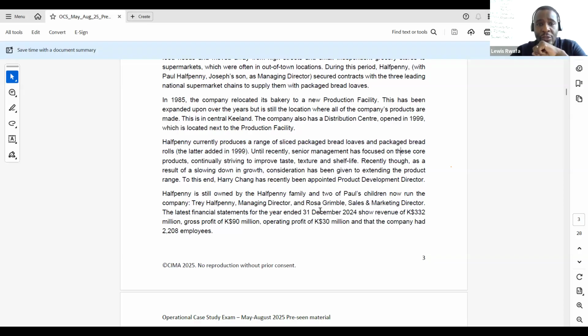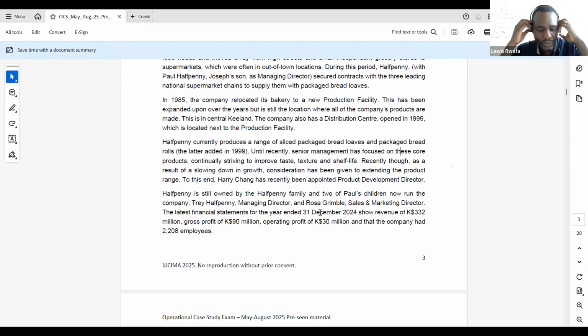If you go to your financial statements, the latest financial statement, something you might also want to look at. Let me go to my printed copy. My financial statement shows me that they made sales revenue of 332 million, just rounding it off. In 2024, 331,600 is 332.